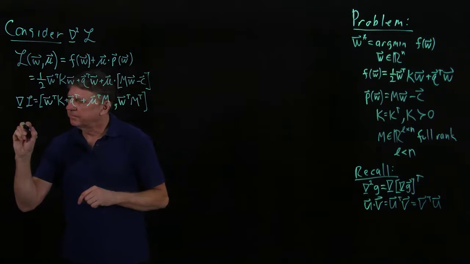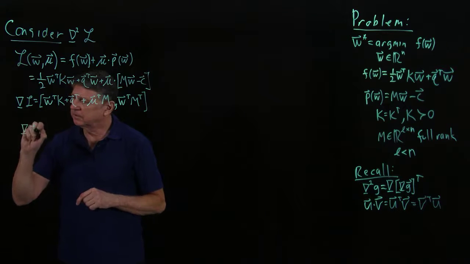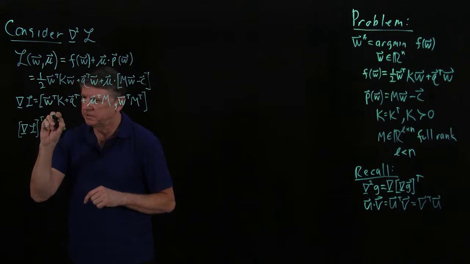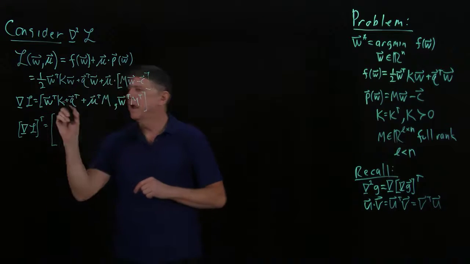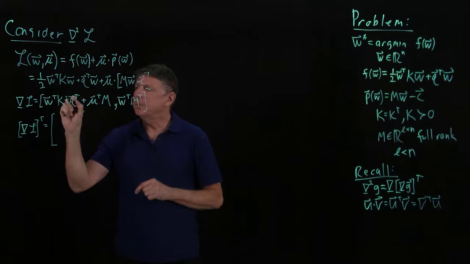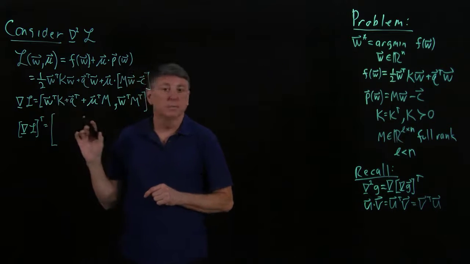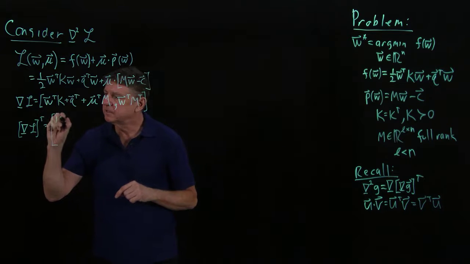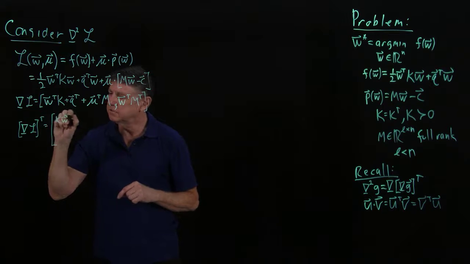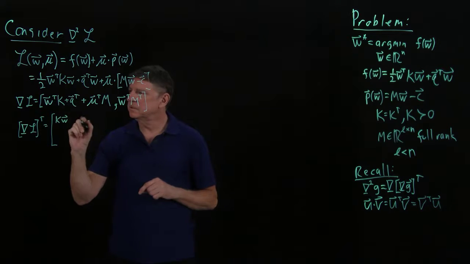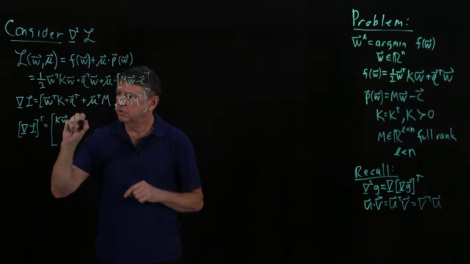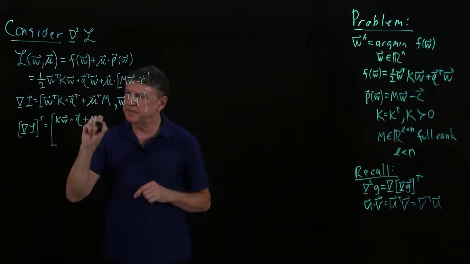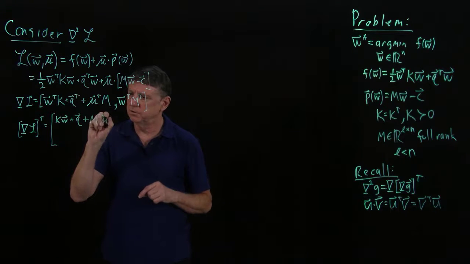So the gradient of the Lagrange function transposed is a vector. This term would be K transpose W, but because K is symmetric, I can write that as K times W plus Q, plus the transpose of this, which is M transpose mu.